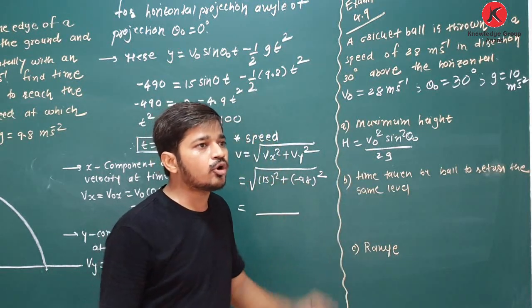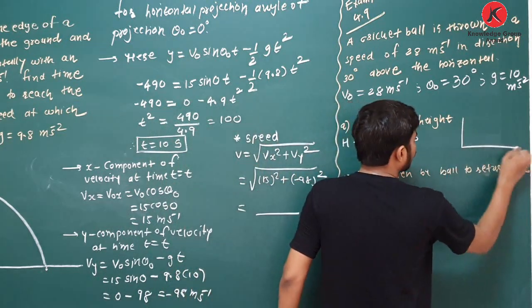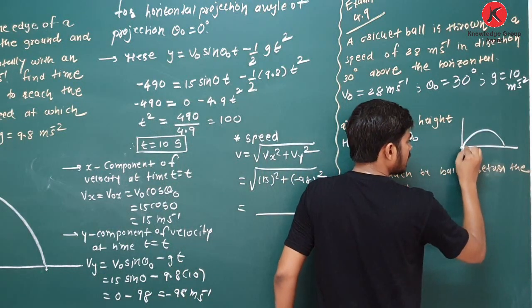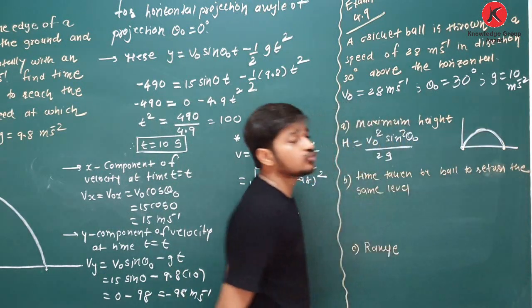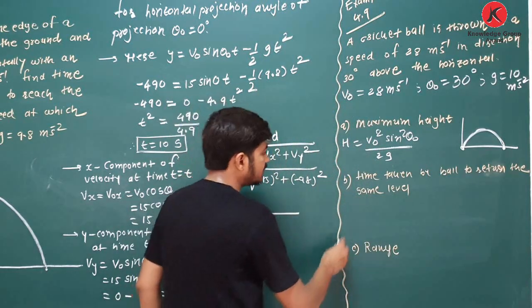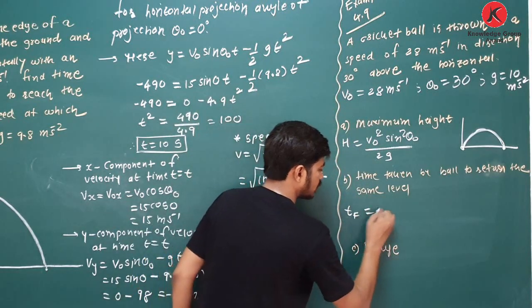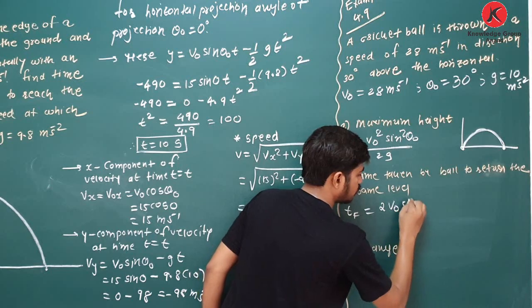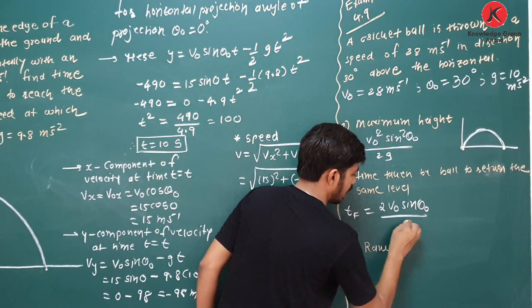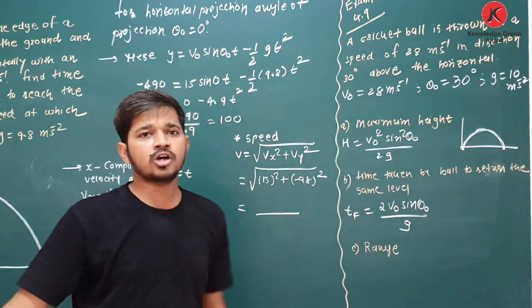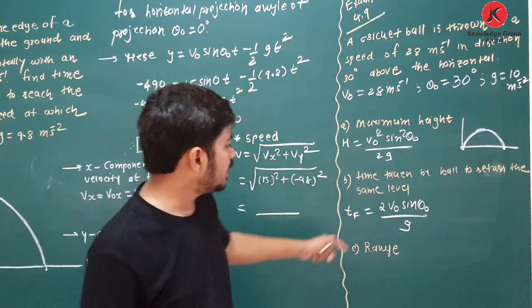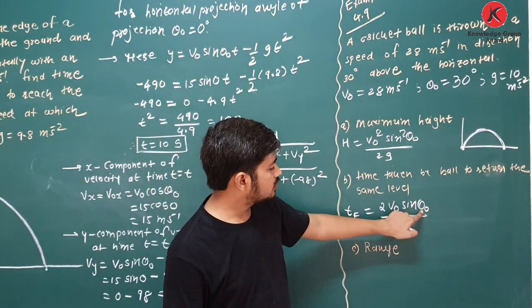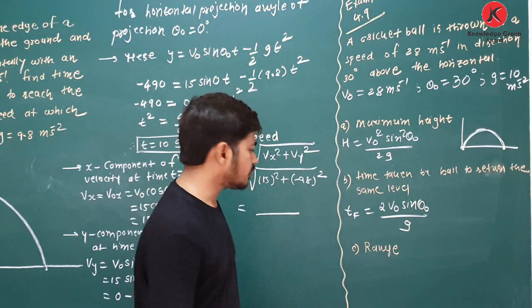You have to find the time of flight, and its equation is Tf is equal to 2 V0 sin theta 0 upon g. So put in the values of V0, sin theta 0 and g, and you will get your answer.